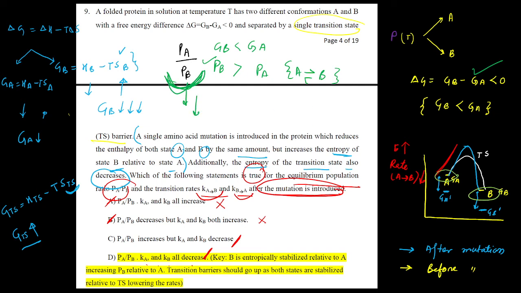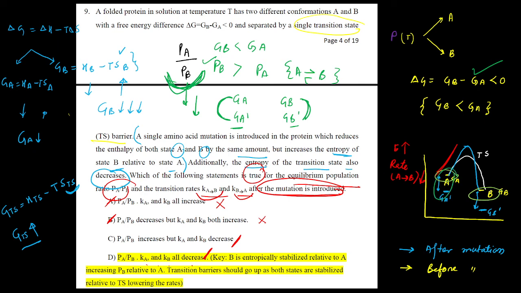Why? Because if I compare GA and GA dash, GB and GB dash, these are the values after mutation. These two decreases are not the same in magnitude. We have understood this point in the first half itself.